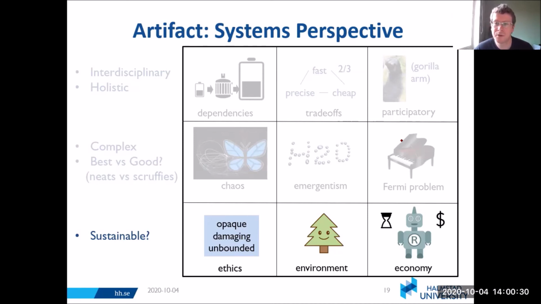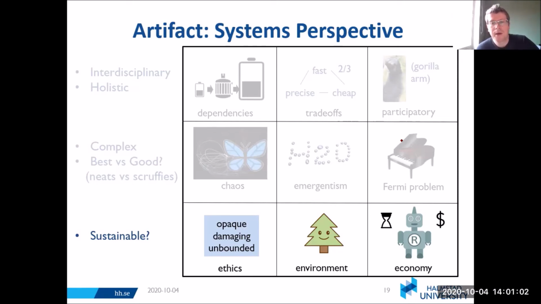So they're opaque, we don't know how they work, damaging, they have really an important effect. They could maybe get people fired or something like that. Unbounded, this set of algorithms can be easily scaled or applied to a different group where it shouldn't be applied. And these are from Cathy O'Neil from her book, Weapons of Math Destruction, which is a very interesting read, I think.